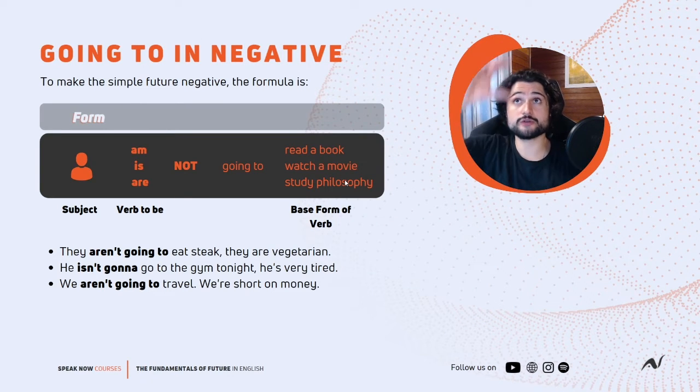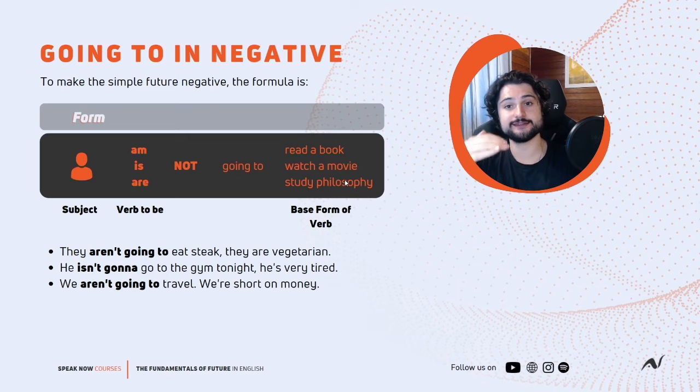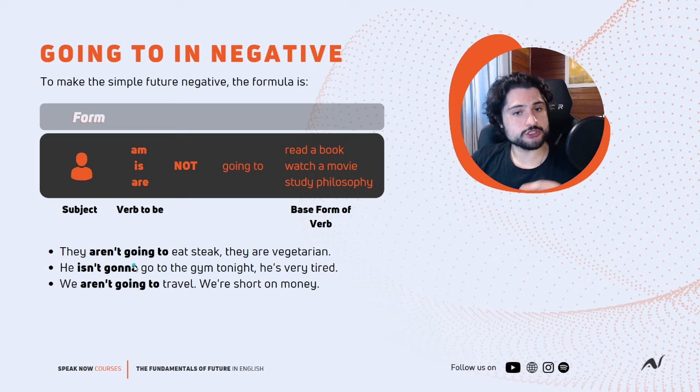All right, guys? So now you know how to build the sentences of going to in negative with all the subjects. And then let's just check out some examples in order to solidify even more this reflection. They aren't going to eat steak. They are vegetarian.